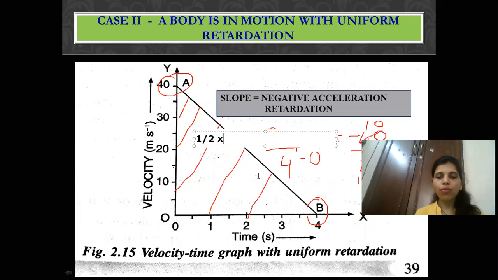So 4 minus 0 is 4. So 4 into 40 minus 0 is 40. So I'm writing 40. So that is equal to, now when I cut it, 2 ones are 2, 2 twos are 4.